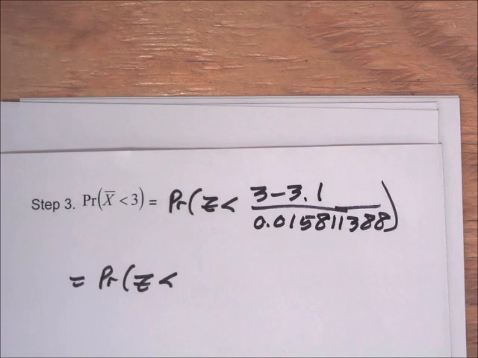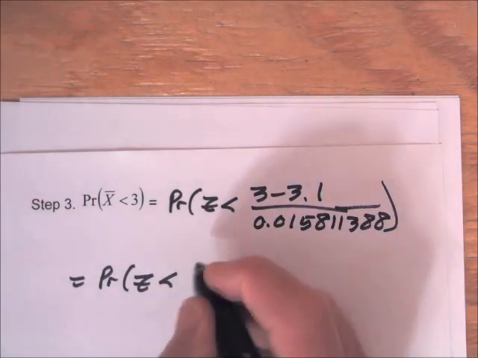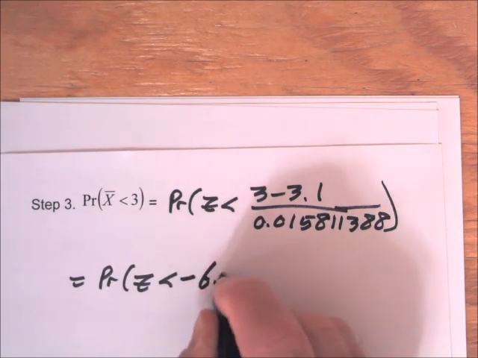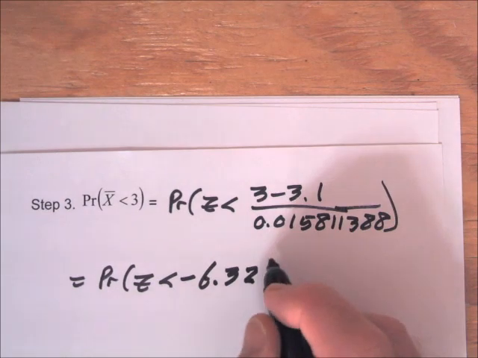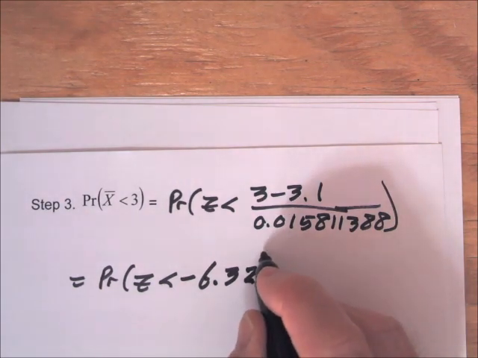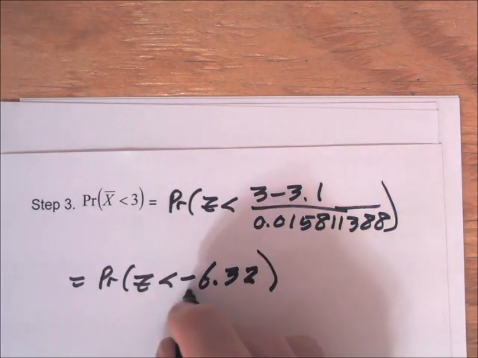So 3 minus 3.1, then divide by the stored value, and I get negative 6.32. Okay, so I'll just leave it at that.